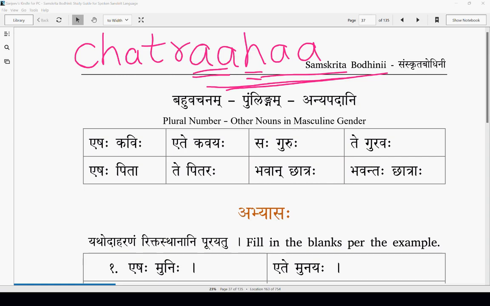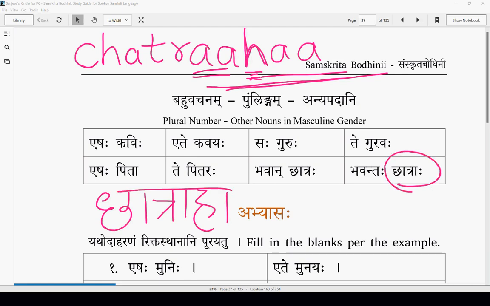Okay. Only remember, I am writing it like this, H here, just for clarification, for how to say it. But in practice, ha and visarga have to be pronounced differently. I already said that. Ha has a vibration and visarga no vibration. So when you say chatra, if you want to say ha there, we are not writing it like that. It is not chatra ha.